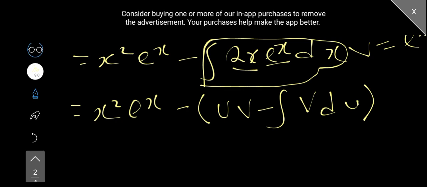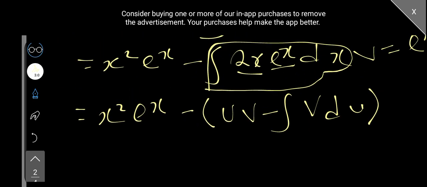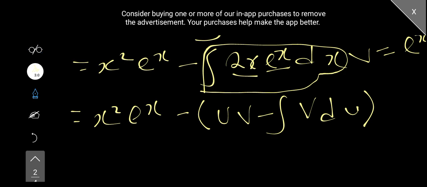At this point, we know that we are trying to integrate 2x e to the power x. So we should relate which one is u and which one is dv. We are choosing 2x to be u and e to the power x to be dv.